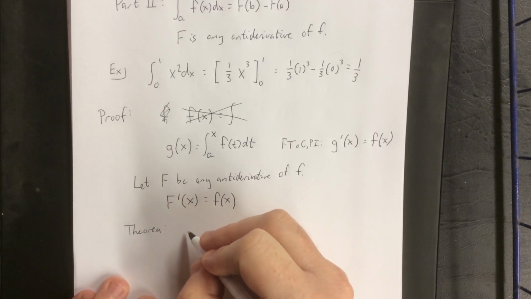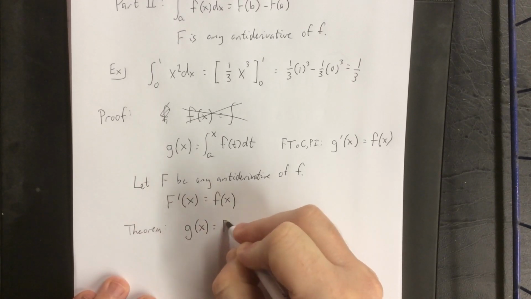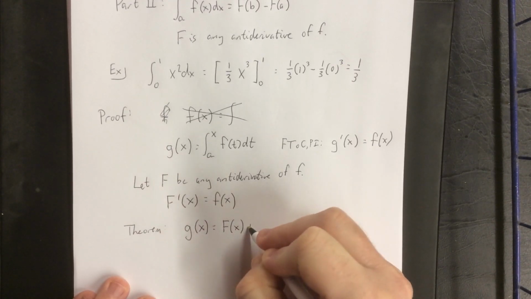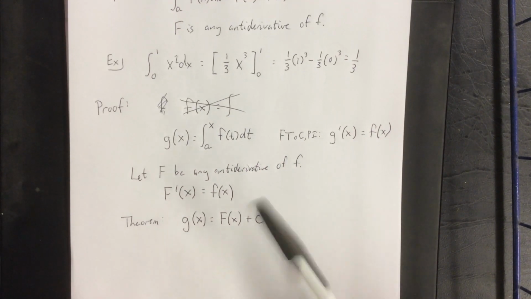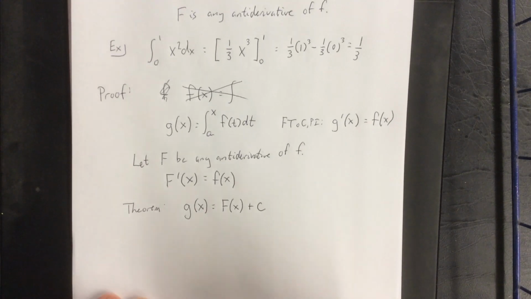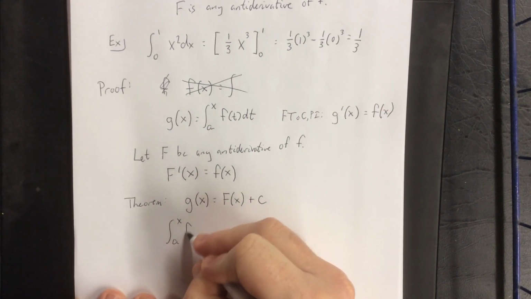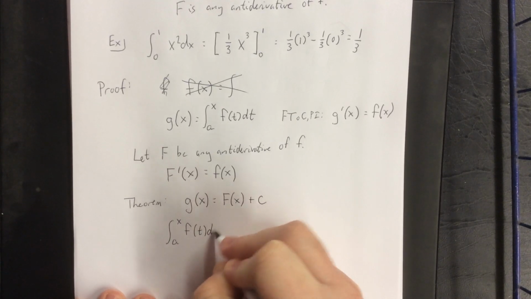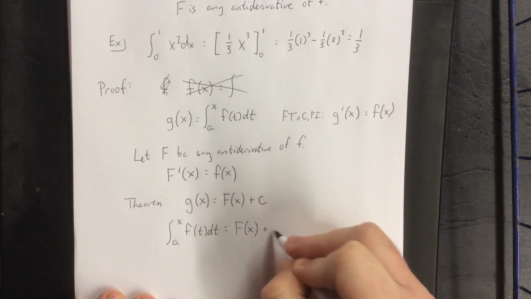So that lets us know that g of x is going to be equal to capital F of x plus some constant. Plugging in the definition of g of x, the definite integral from a to x of f of t dt is equal to capital F of x plus c.